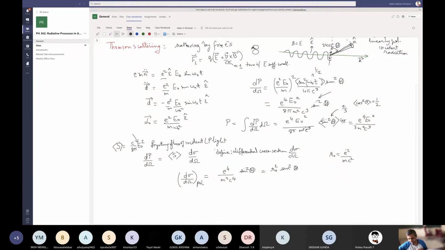Can someone give me an interpretation of this in terms of simple physics? m c squared is like the rest mass energy of an electron, for example, right? And e squared by R0 is like electrostatic energy.